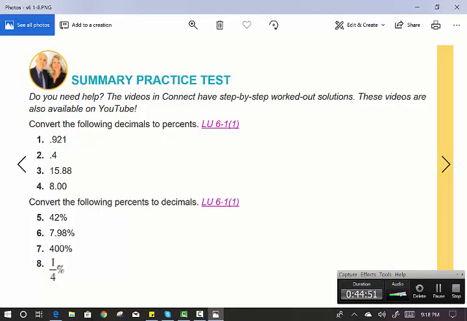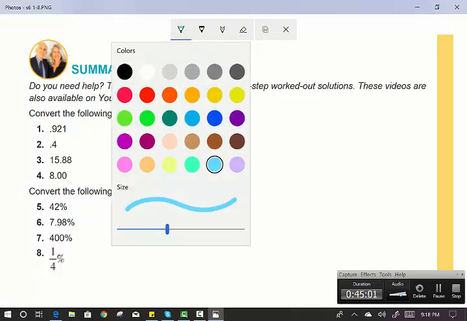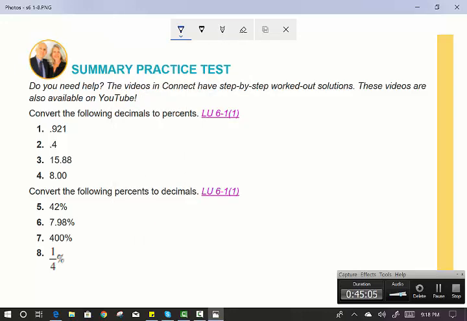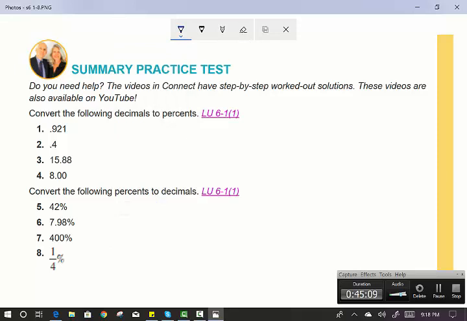Okay, let's see. Convert the following decimals to percents. D to P, so you move the decimal point 2 places to the right. So it's 92.1%.